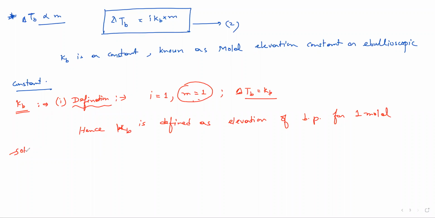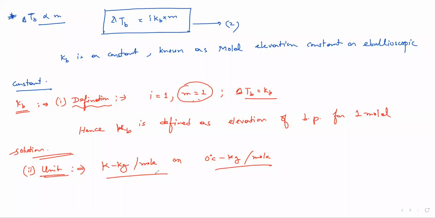Okay. And what should be the unit? Unit is Kelvin kg per mole or degree centigrade kg per mole.